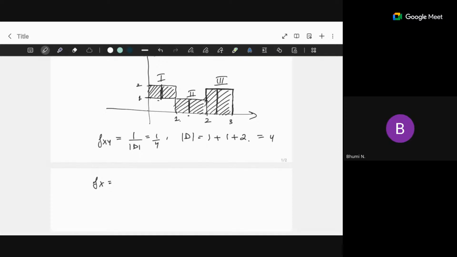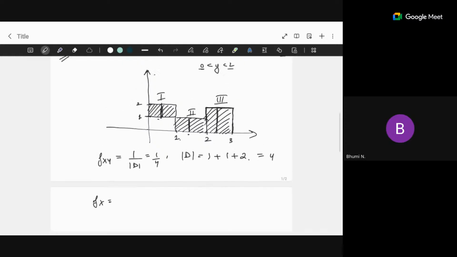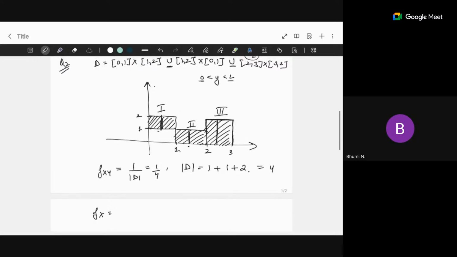Is it from 0 to 1, 1 to 2, and 2 to 3, or from 0 to 1 and 1 to 3? As in the question, the marginal of x is given for 0 to 2, where x belongs to 0 to 2, and when x belongs to 2 to 3.